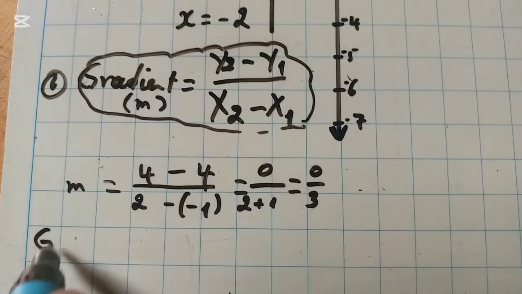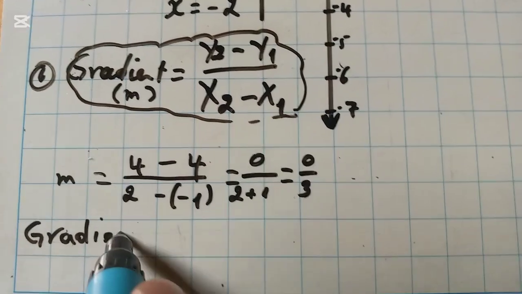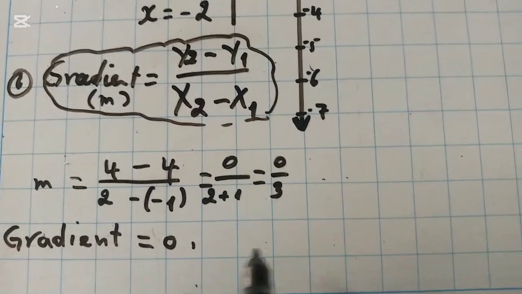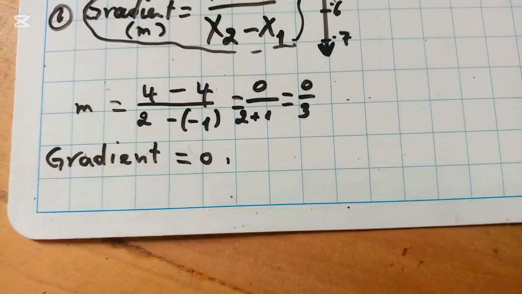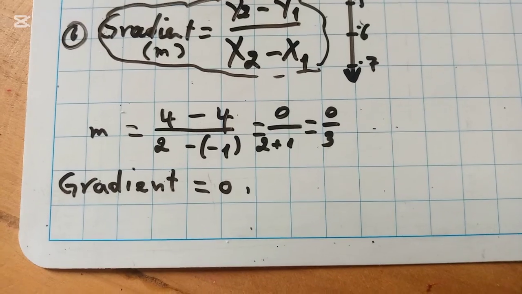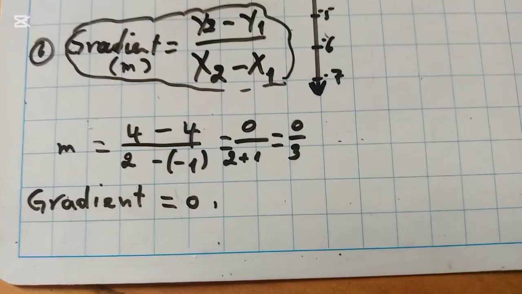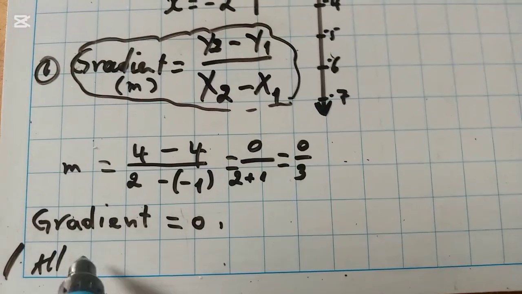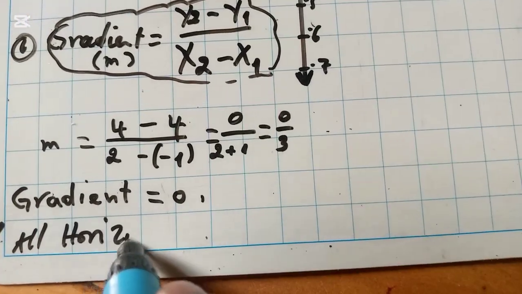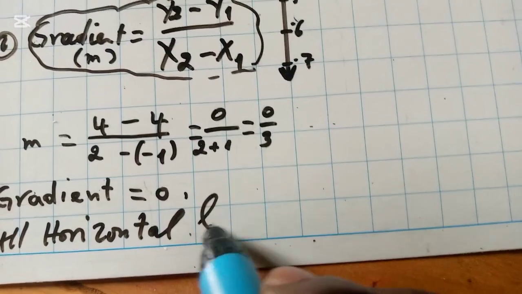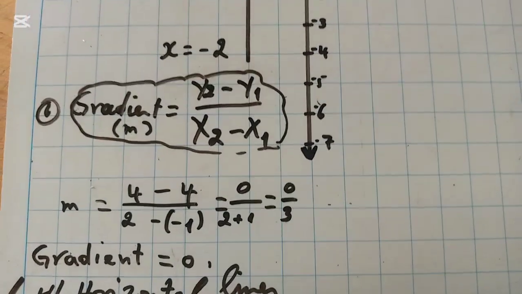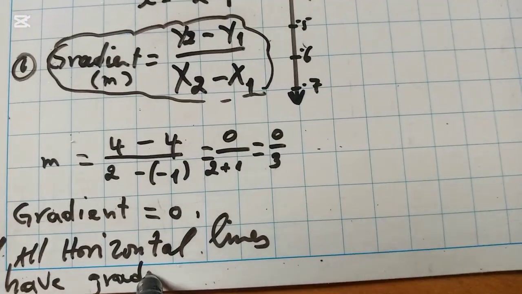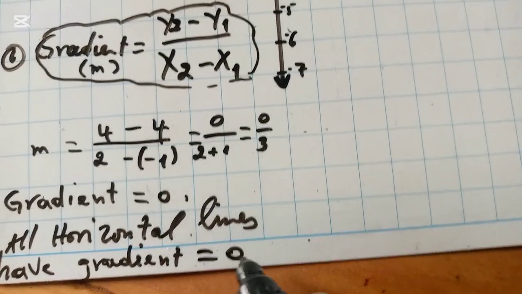Now our gradient equals 0. So generally, all horizontal lines have a gradient of 0.